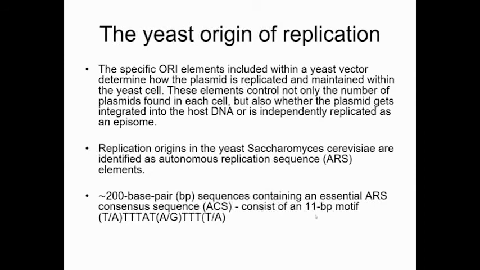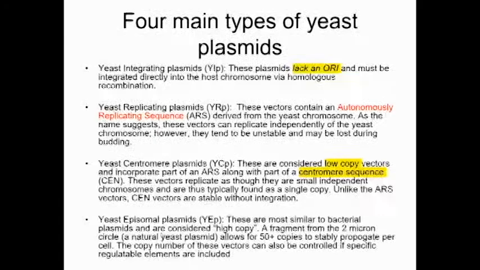That's an 11 base pair motif, like this one here. That's the essential ARS consensus sequence, to be recognized by Saccharomyces cerevisiae to replicate the DNA sequence. That's the yeast origin of replication. Okay.